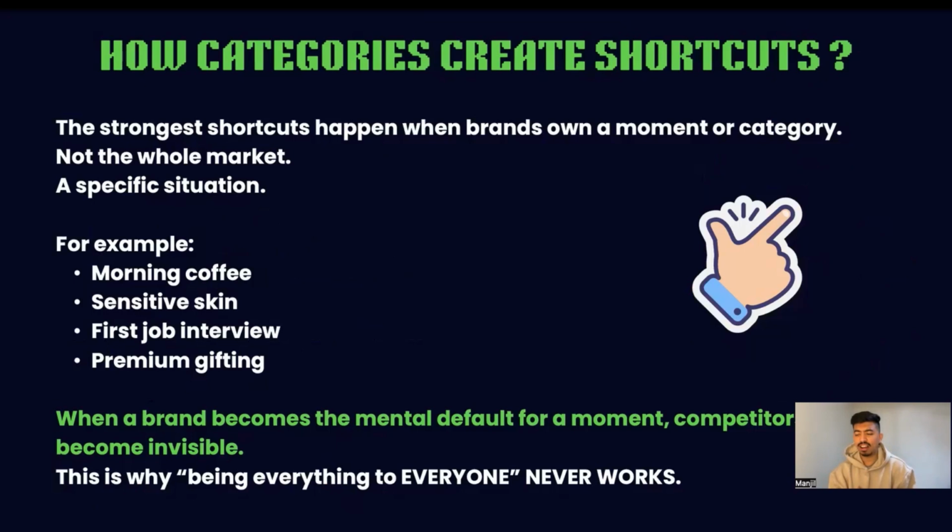Sensitive skin, maybe what moisturizer you wear. Which brand do you wear? For me, it's CeraVe. First job interview, premium gifting, whatever specific situation, you remember a brand. That's branding. When a brand becomes a mental default for a moment, competitors become invisible. This is why being everything to everyone never works.